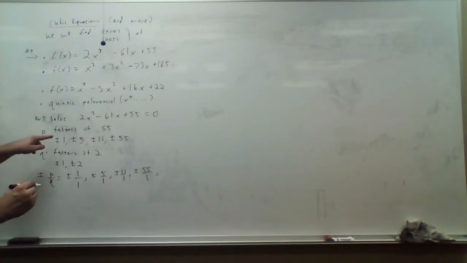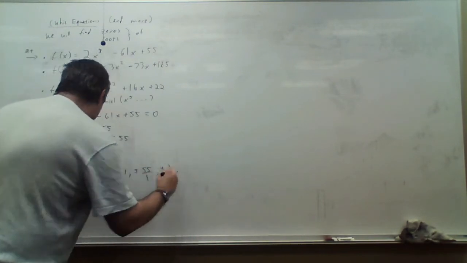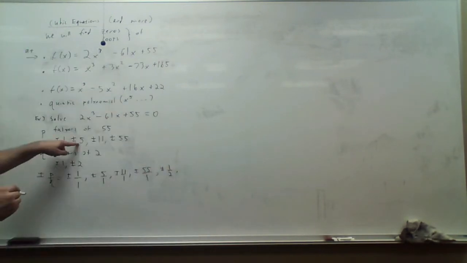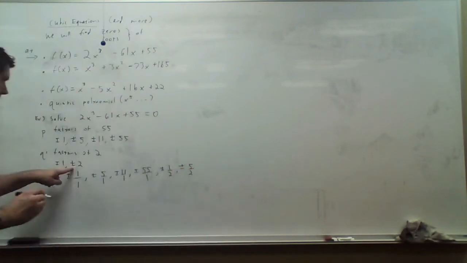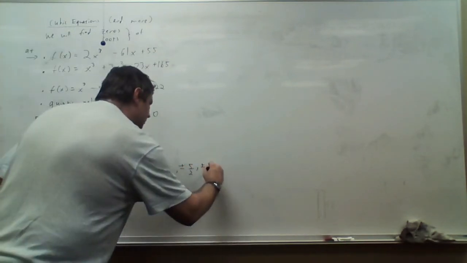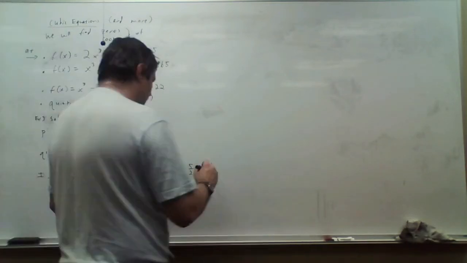The other ones would be 1 over 2, plus or minus 5 over 2, plus or minus 11 over 2, and plus or minus 55 over 2.